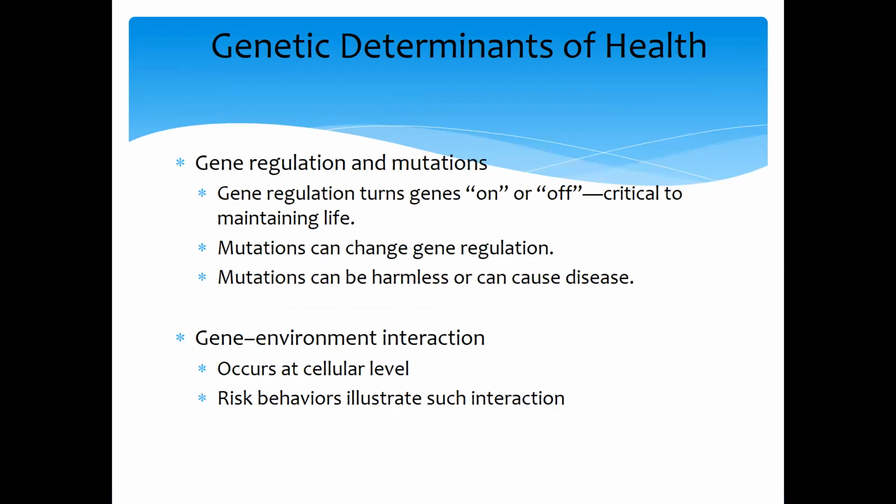So when it comes to genetics and the determinants of health, gene regulation and mutations, we turn them off or we turn them on. And this turn on, turn off literally is mediated through chemical processes associated with diet, because we metabolize the foods and chemicals come out of those foods.